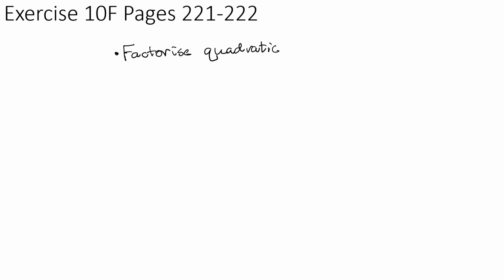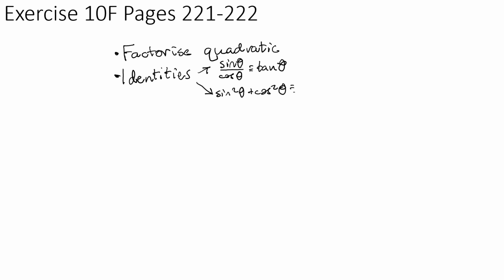Look out to see if there are any identities that you can use to help you solve it. So it's either going to be sine over cos is tan, or it's going to be sine squared plus cos squared is 1.